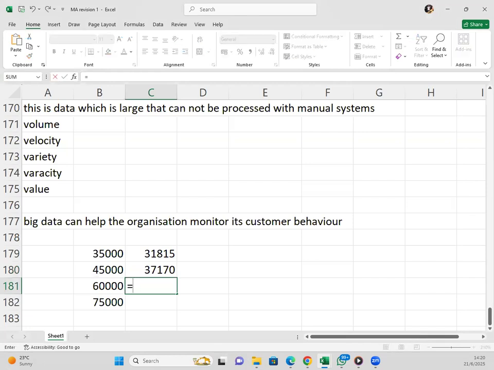I'm taking the cash flows, you multiply them. 0.751. Last one?